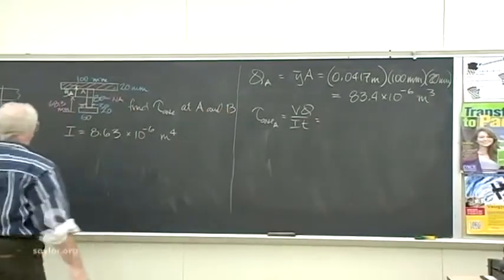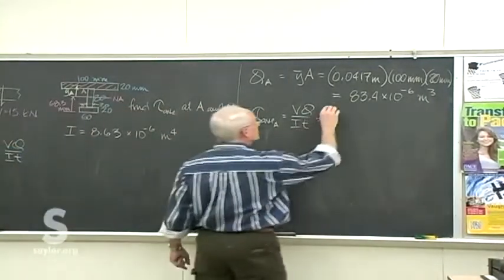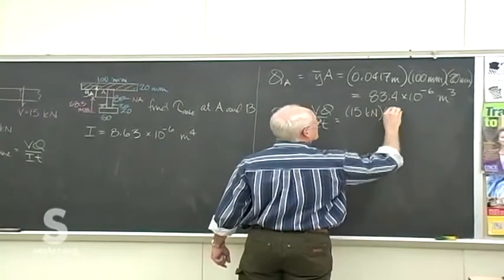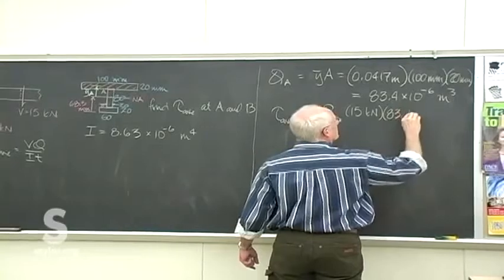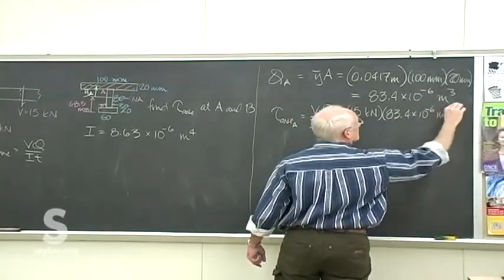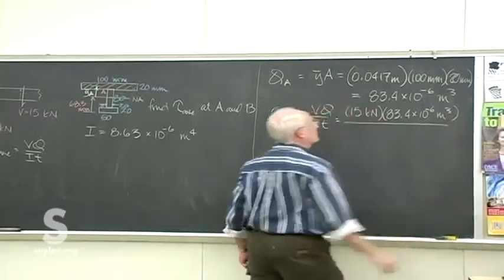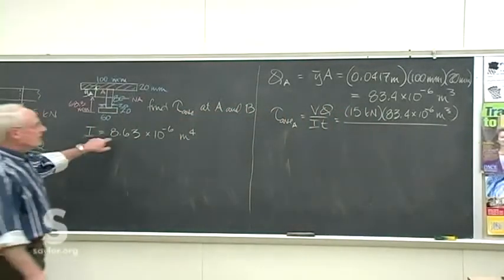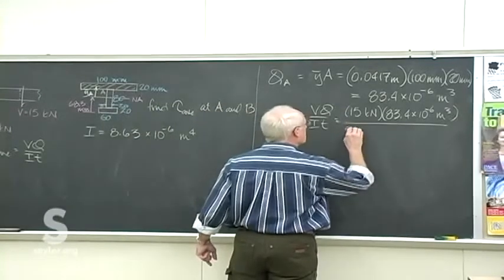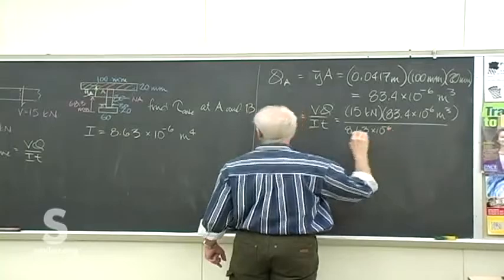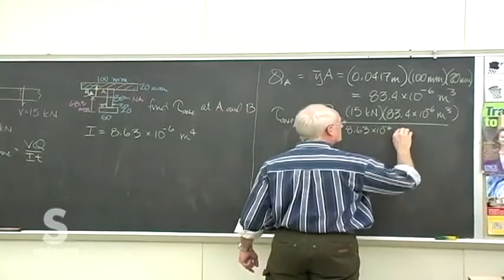Because we've got all the pieces now. The shear was 15 kilonewtons. Q, 83.4 times 10 to the minus 6 meters cubed. I gave you 8.63 times 10 to the minus 6 meters to the fourth.